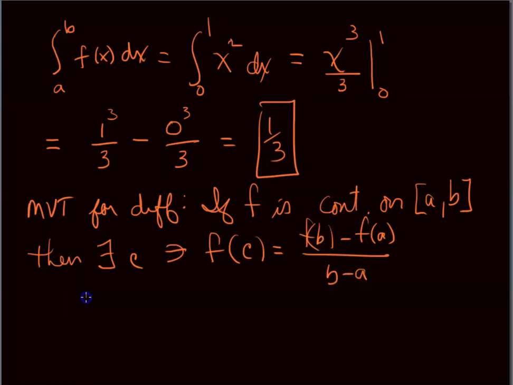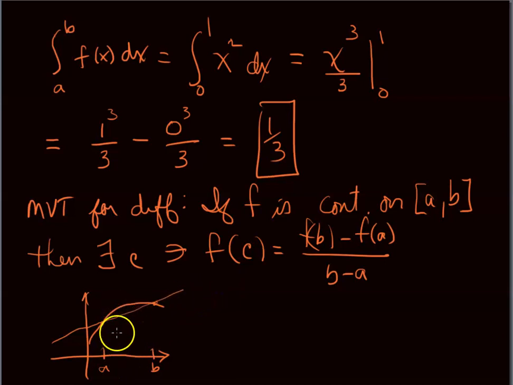If you remember the picture that went along with that, they usually draw a curve like this. This is a and this is b. If you take the y2 minus y1 over x2 minus x1, there is then this line that has that slope.